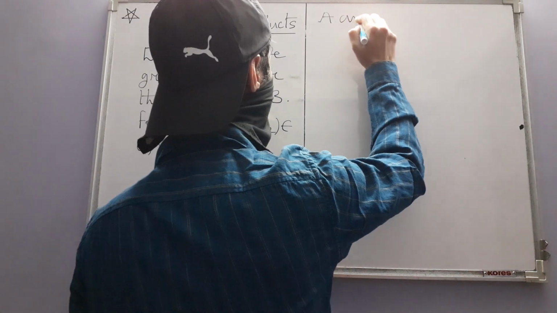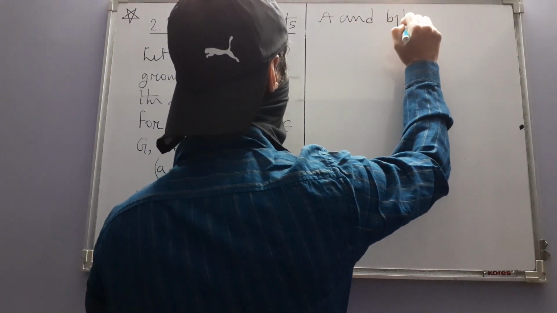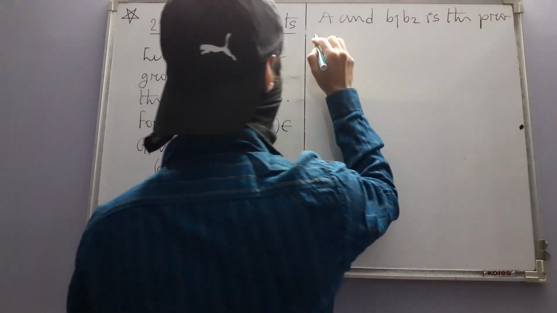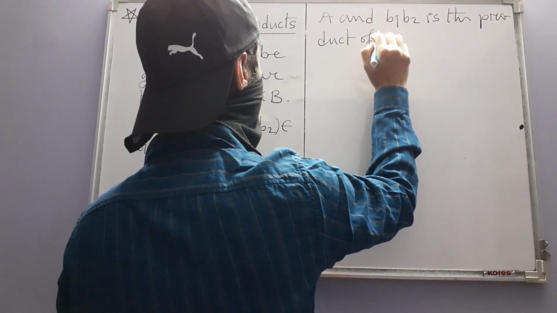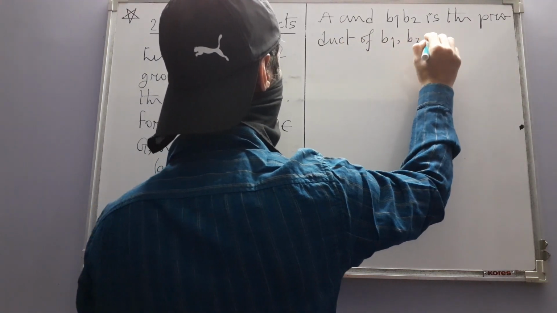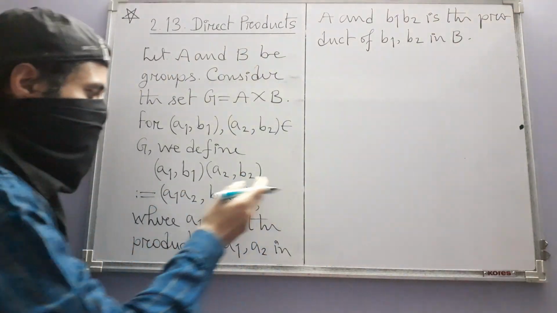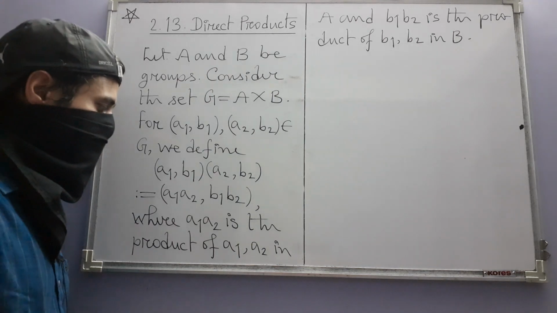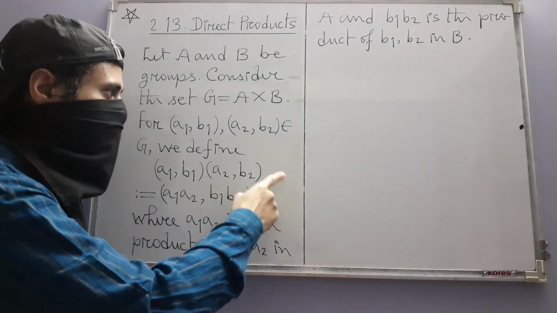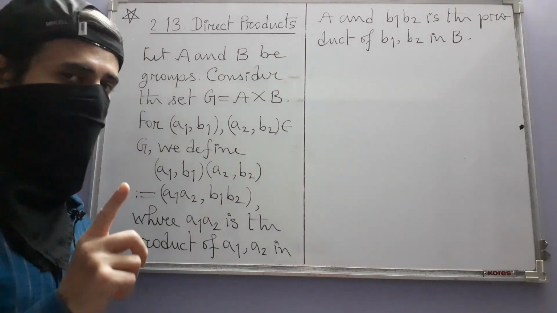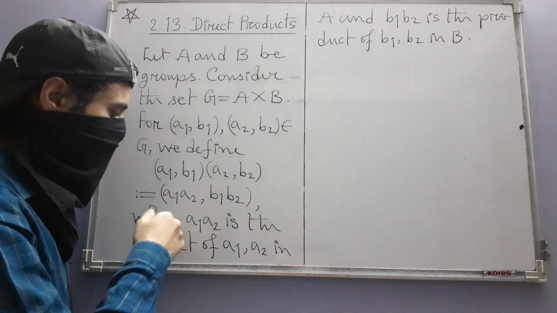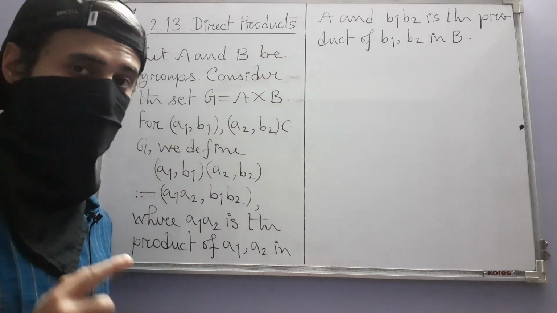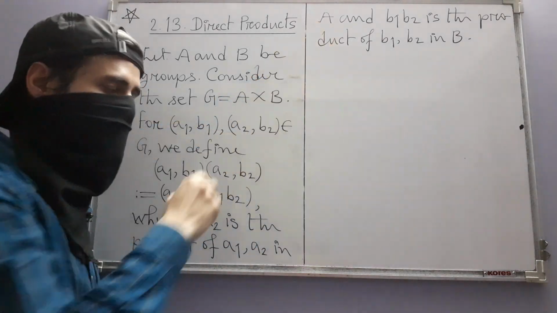And B1, B2 is the product of B1 and B2 in B. So this B1, B2 is going to be an element in capital B. And that means that this ordered pair is again going to be an element in G. Moreover, note one more thing, that for given A1 and A2, A1, A2 is a unique element in capital A. That's because the binary operation in the group A is well defined.